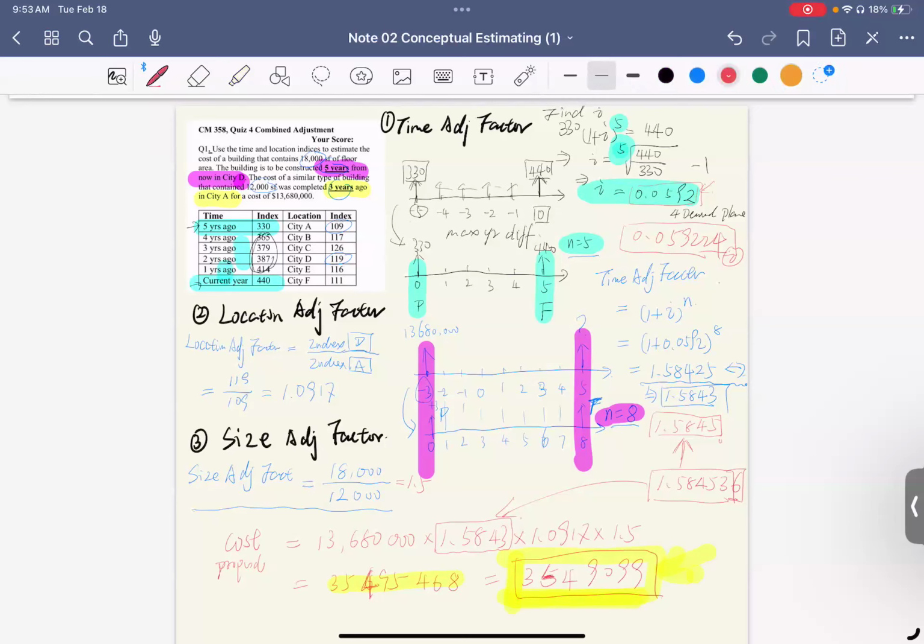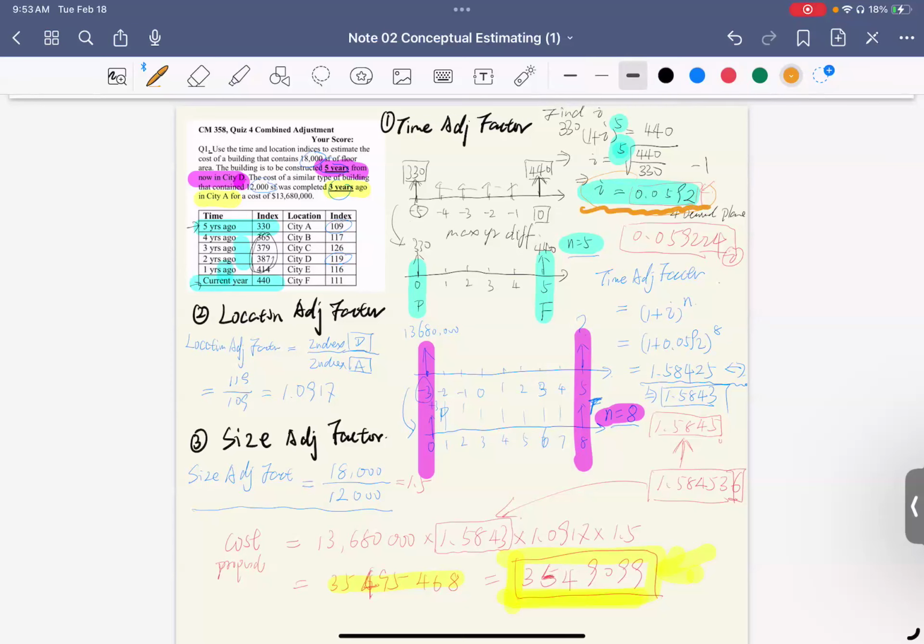I'm still confused because I put it in the calculator exactly how you have it written and I still do not get what you have. You're getting this i, right? For the time adjustment factor, yes.